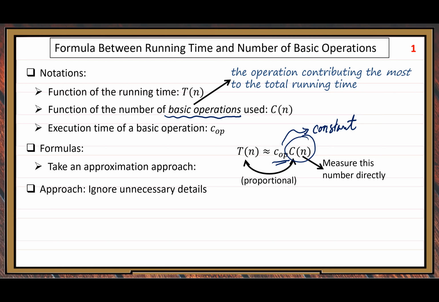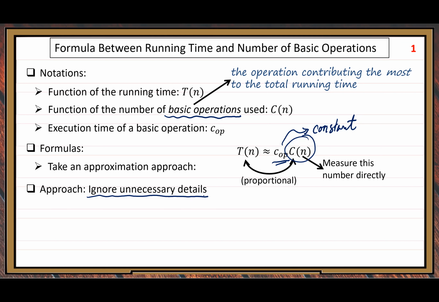Next, we want to continue our analysis approach. In order to get a good measure, stable, objective, that kind of good measure, we would like to try to find something that can give us that property. So the approach is to ignore unnecessary details.